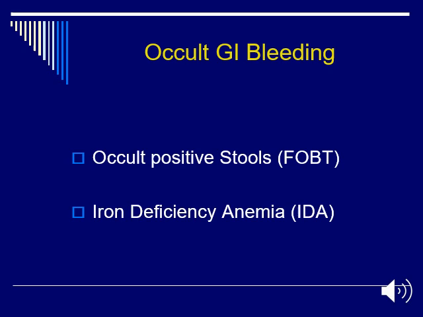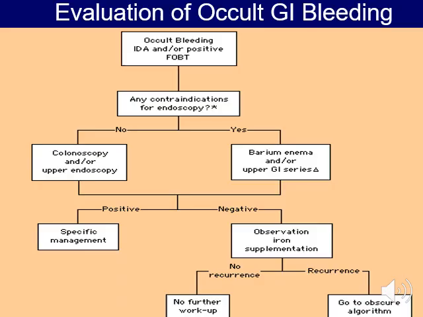Occult bleeding: occult positive stools or iron deficiency anemia in men or in postmenopausal women, or in perimenopausal women if the gynecological causes have been excluded. What to do? Upper and lower endoscopy. If they are negative, then you go for small intestinal causes, with CT, enterography, angiography, capsule endoscopy and enteroscopy.